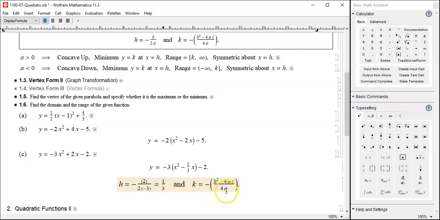Now, how about k? a is negative 3, and b is 2, so this b squared is 4, and 4ac, negative 3 times negative 2. You can work it out with some symbolic computation, but at this moment I'd much rather punch it into the calculator to figure out. Let's see what we have actually.